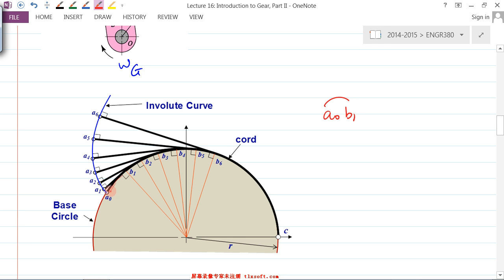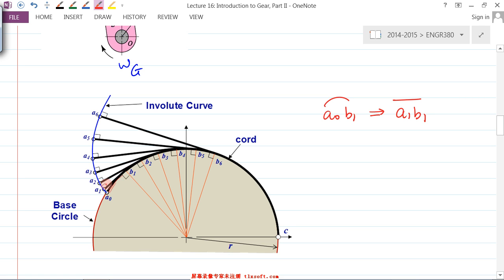So from the picture, A0 B1 will become A1 B1, right? So basically the length of A1 B1 will be the same as the arc length of A0 B1. Because you're wrapping very tightly, A1 B1 will be tangent to this circle or the cylinder. So that's why this is 90 degrees here, right?